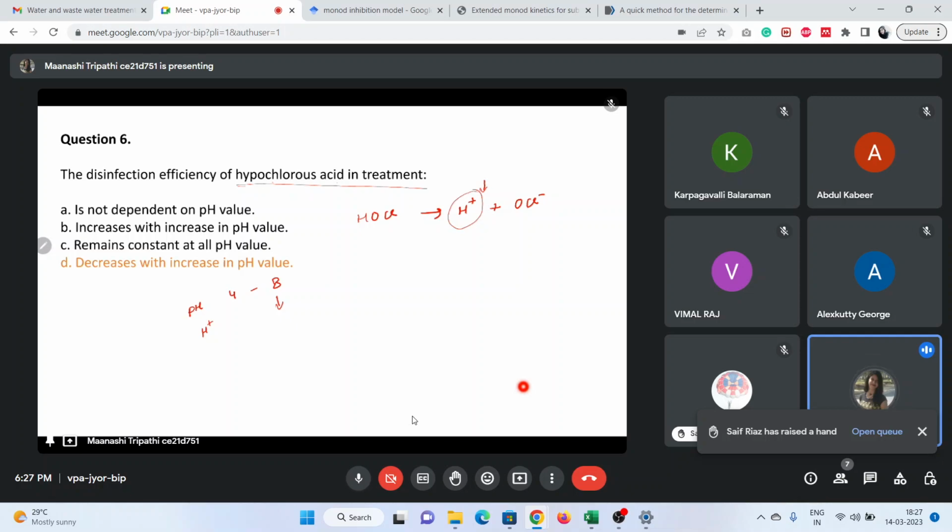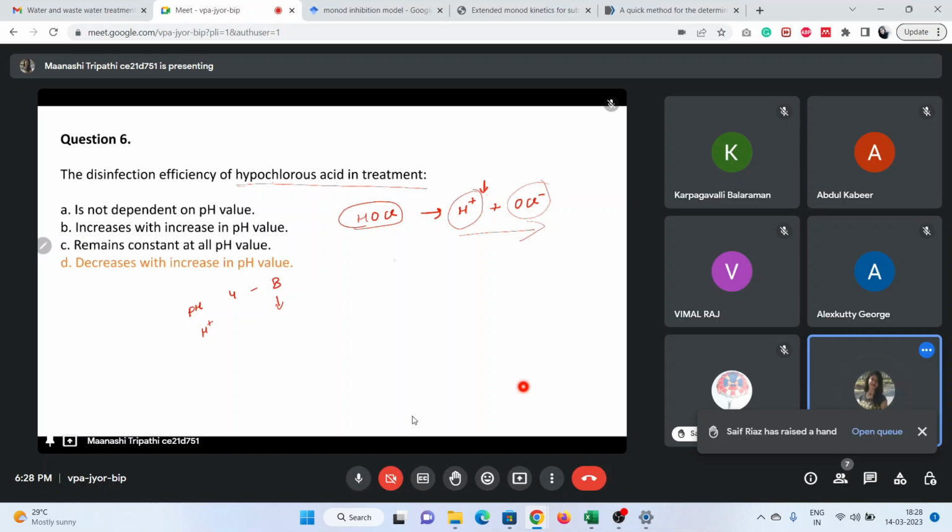So H plus content is decreasing, and the reaction moves towards the right. So OCl negative will increase. But OCl negative, the hypochlorite ion, is less efficient than HOCl. That is why overall disinfection efficiency will decrease.